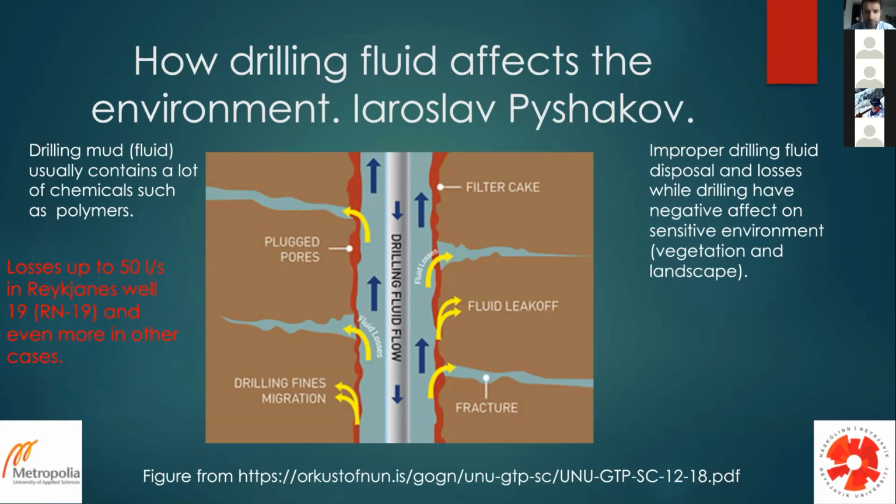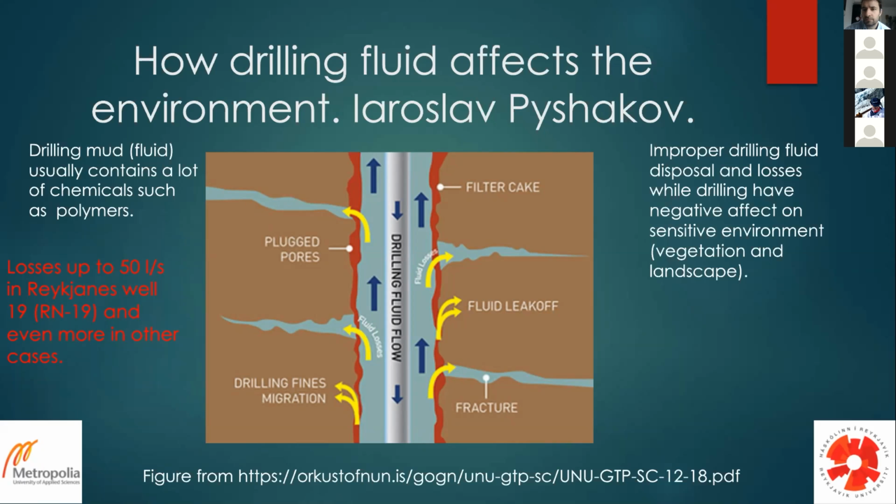And it's important to mention that drilling mud usually contains a lot of chemicals. The most popular one is polymer, but usually there are different types of chemicals, and they're all dangerous to the environment. The losses in the well can be up to 50 liters per second in the Reykjavik area, according to the literature.